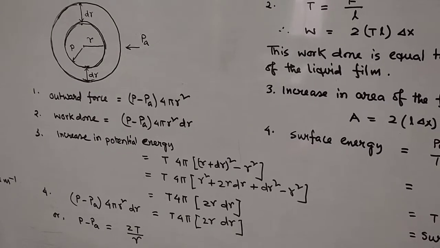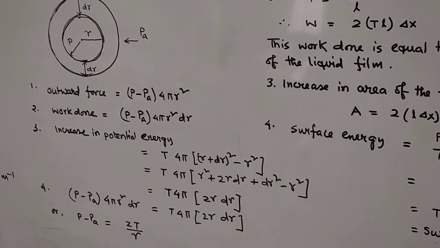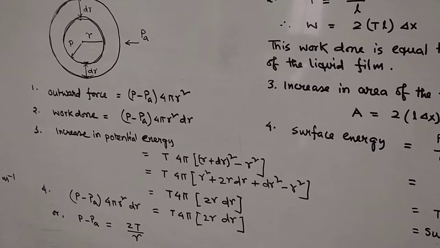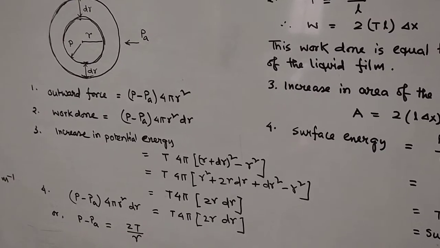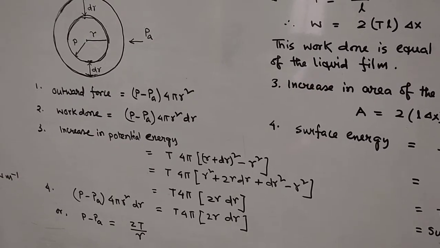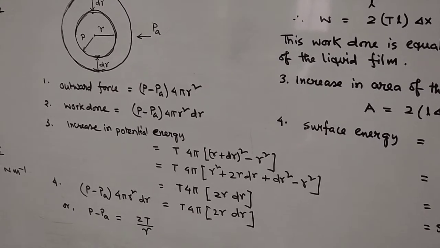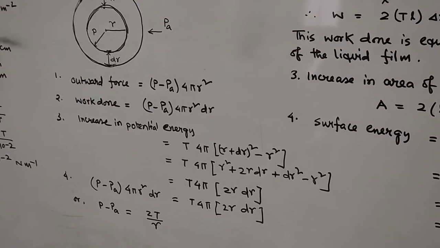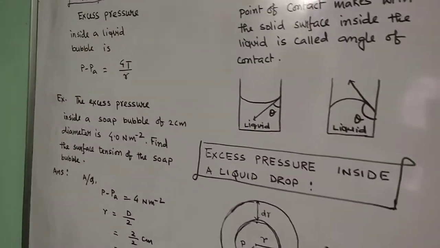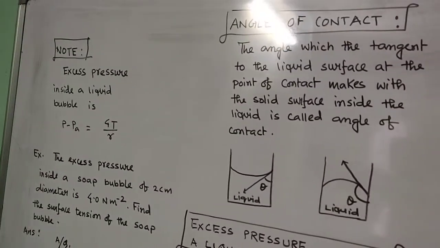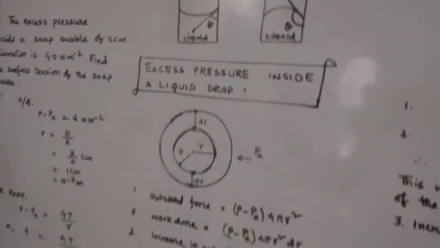Similarly, if you go for the bubble, you have to multiply by 2 in equation 3, because the surface tension term is related. If you multiply that equation by 2 and simplify, you will see the expression comes out to be P minus PA equal to 4T by R. I am leaving it to you, please check it out.